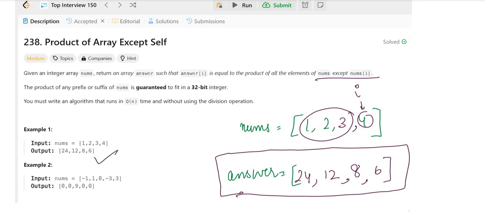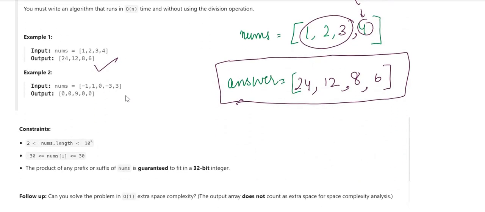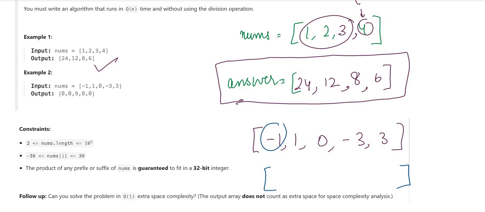Same way here. And it could be possible that the array has 0 also. For example, in the other example they have provided, -1, 1, 0, -3, 3. So leaving the current element, I have to multiply all others. If I am leaving -1, I am multiplying all others, it has 0, so the answer would be 0.